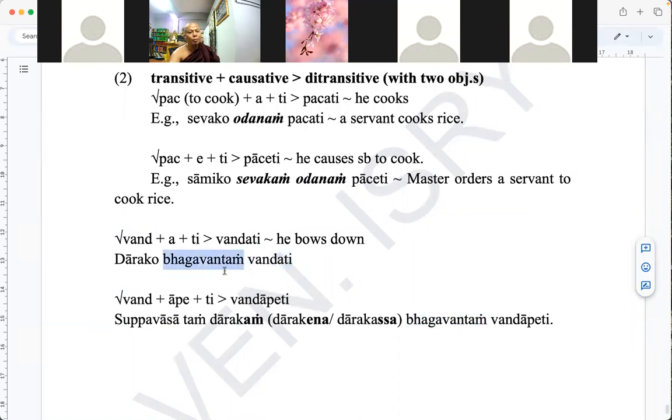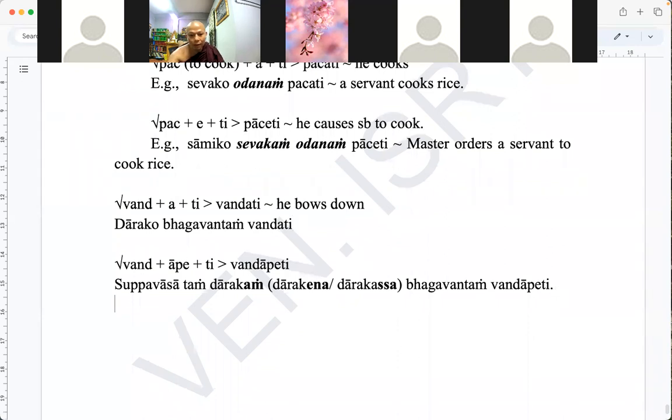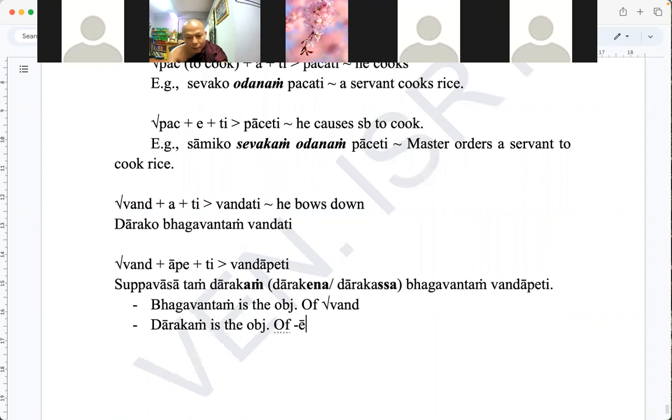So this object is, logically, the object of the root vand. Bhagavantaṃ is the object of the root. But here Dārakaṃ, because of the causative, becomes the object of the causative verb.